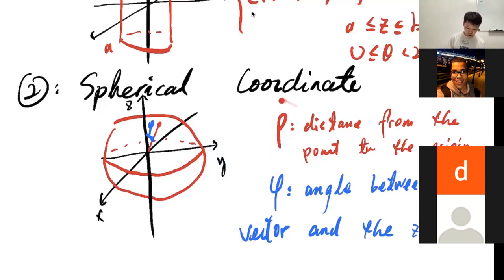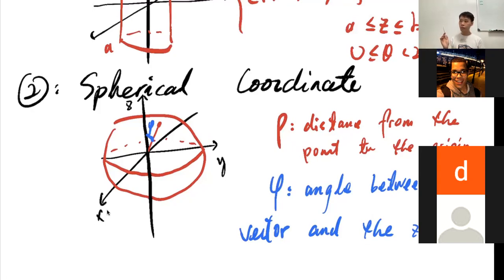And with these two it's still not enough information, because you're just fixing the points around, let's say, a latitude. For example, if you think of the equator as the one on the XY plane, when you fix your phi and your rho, you're only fixing the latitude.